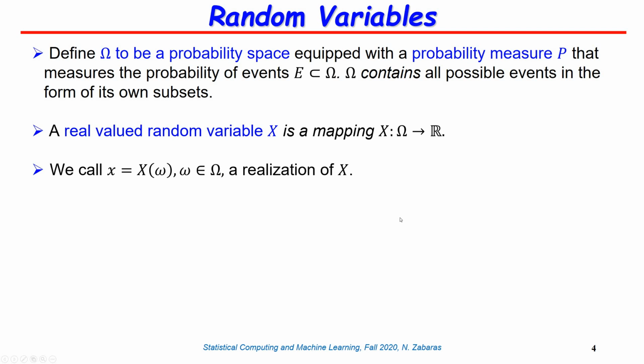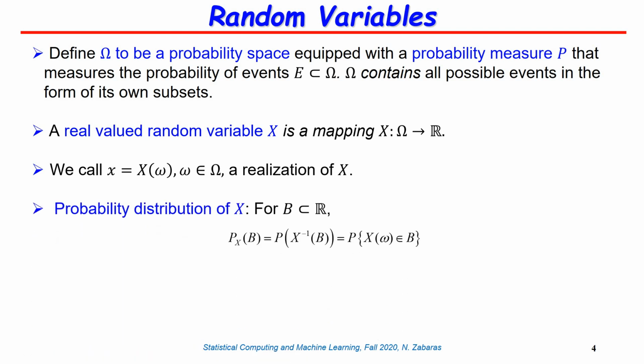So we need to define a probability measure now, and the probability distribution of capital X is defined as follows. Let's take any subset of the real line. For example, B can be the interval from -1 to 1. So we define the probability of B to be the probability of all the events omega that, through the function X, are mapped to this region capital B of the real line.